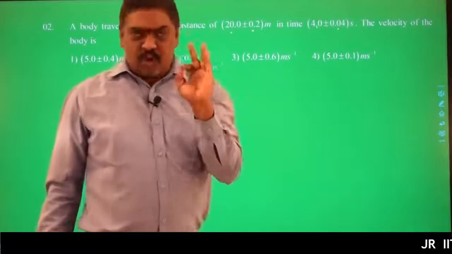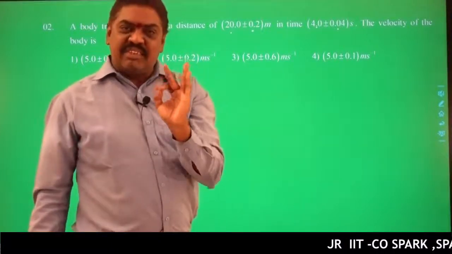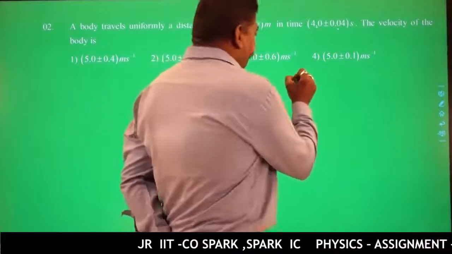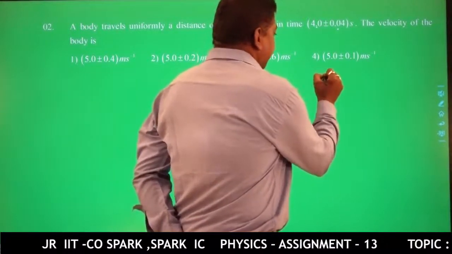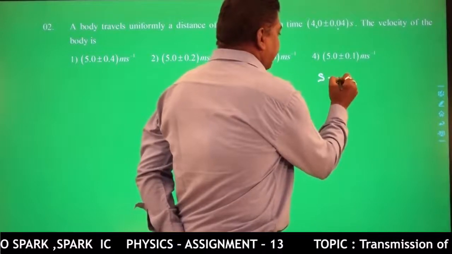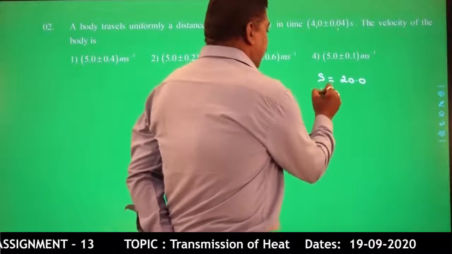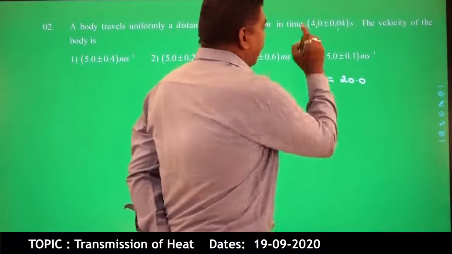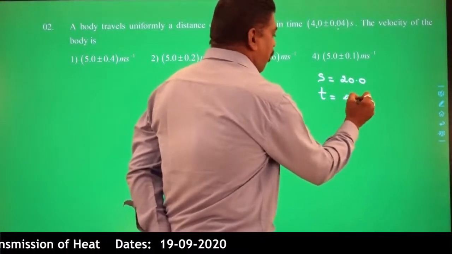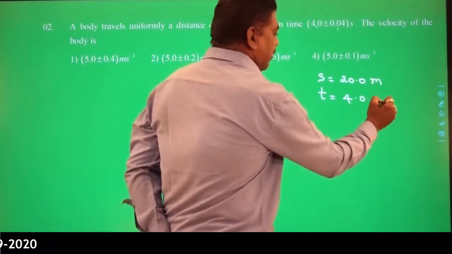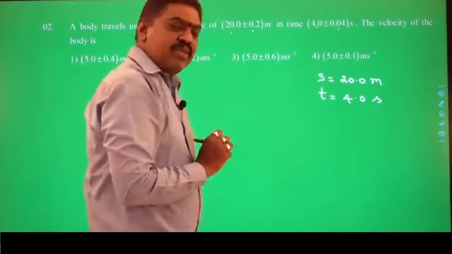In this question S is given as 20.0 and the time is given as 4.0. This is in meters, this is in seconds.